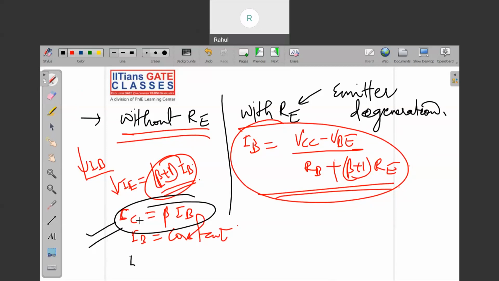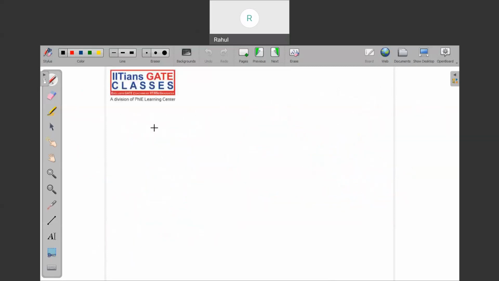So let me draw the circuit with RE and compute IE, and let us find the condition by which we can make IC or IE independent of beta.